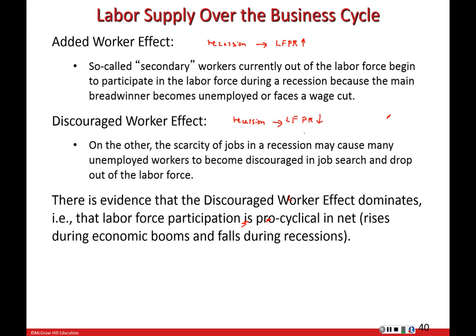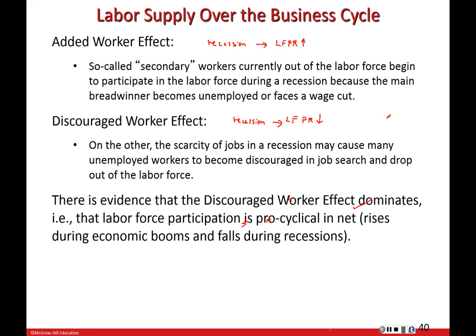So you have these two opposite effects. Well, there is evidence that the discouraged worker effect dominates. So on the whole, the labor force participation reduces during recessions, rises during economic expansion.